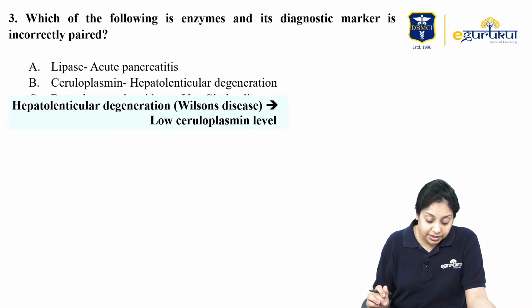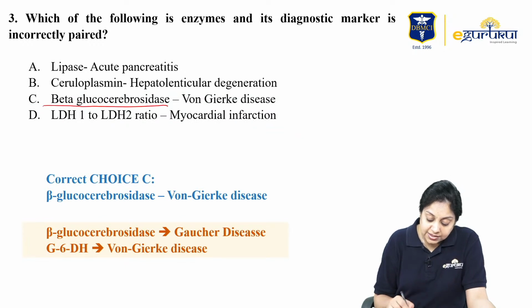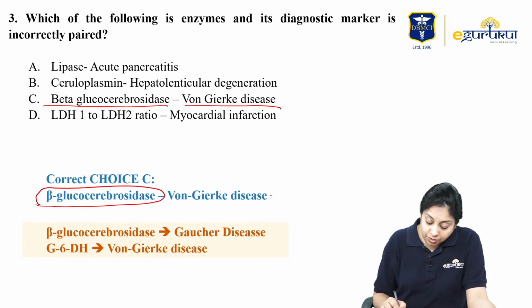Ceruloplasmin, hepatolenticular degeneration, right? Hepatolenticular degeneration is Wilson's disease that leads to the low ceruloplasmin level. So this pairing is also correct. C is beta glucocerebrosidase and von Gierke's disease. Beta glucocerebrosidase enzyme deficiency leads to what? Von Gierke disease?